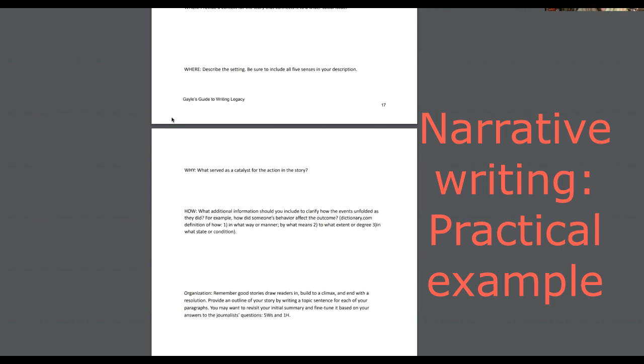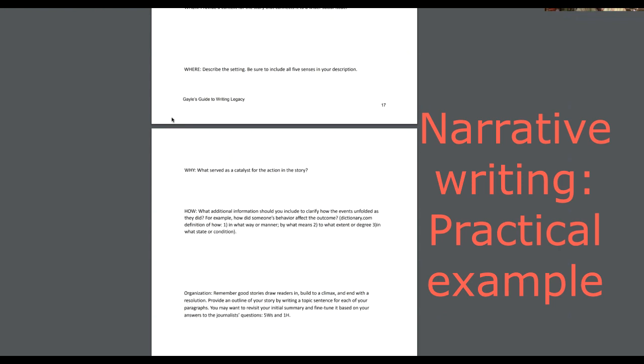Really, the how section is bringing some of these other ideas together, making sure that the why is clear, making sure that there are strong transitions so that the ideas are clearly connected, so that if there is a fight in one location and then you're at a different location, there's a clear understanding of how you got from the one place to the other.